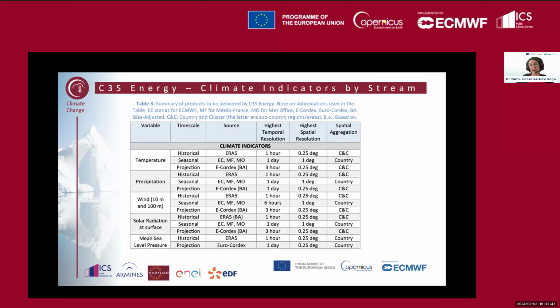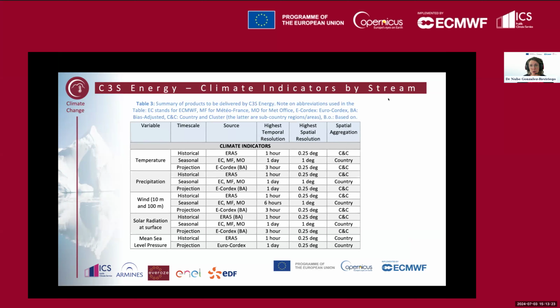If we go into more detail regarding what climate indicators we are providing in this service, we are providing temperature, precipitation, wind speed at both 10 meters and 100 meters, solar radiation at surface, and mean sea level pressure. The temporal resolution for these climate indicators depends on the temporal stream. For historical and projection it will be hourly, whereas for seasonal it will be daily.